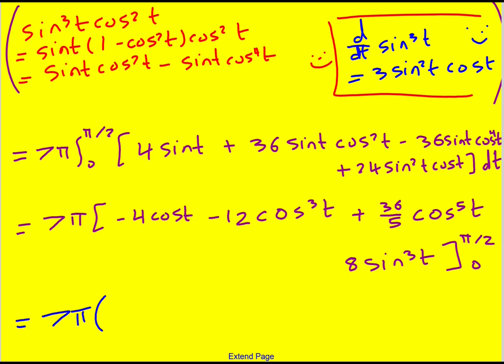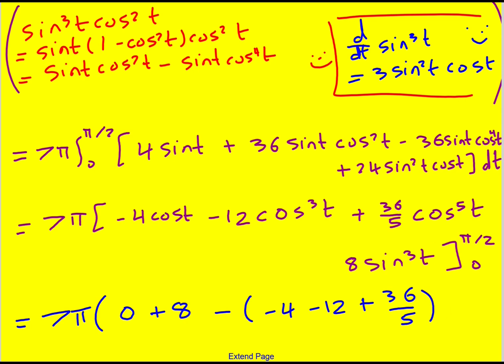That's the hardest bit of the question because subbing in the limits now is going to be very quick because of the nature of what they are. When you find cos of pi over 2, they're just all 0. So we get a load of zeros here: 0 plus 0 plus 0 plus 8 sine cubed of pi over 2. Sine pi over 2 is just 1, so we're going to be getting 8 here. And then we're going to minus. Now, cos of 0 is 1, so I'm going to get minus 4 minus 12 plus 36 over 5.